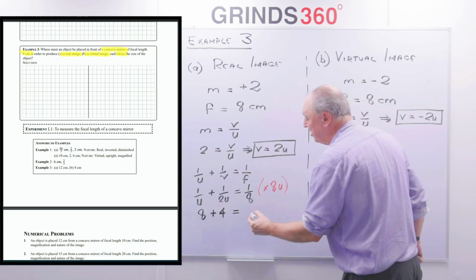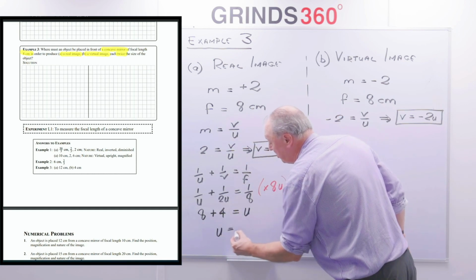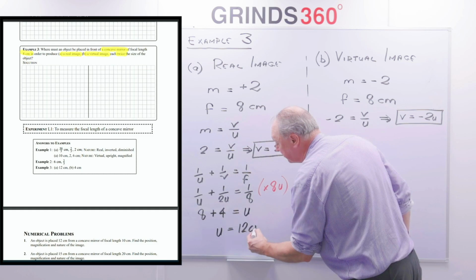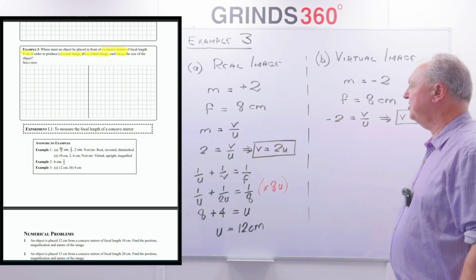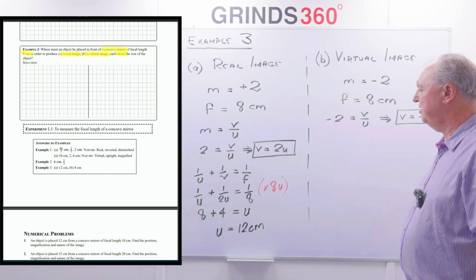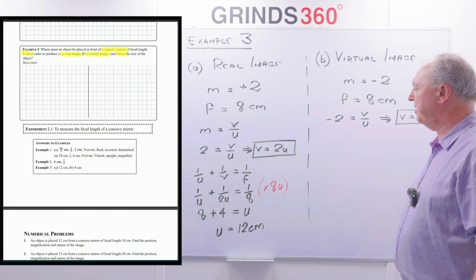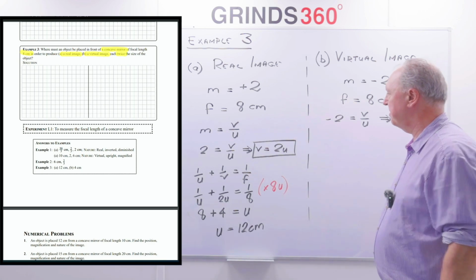And 8 into 8u gives me u. So therefore, I can see that u is equal to 12 centimeters. So I've got to place it 12 centimeters away from the mirror in order to get that situation there.